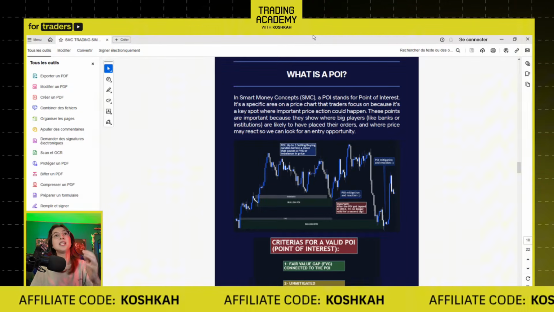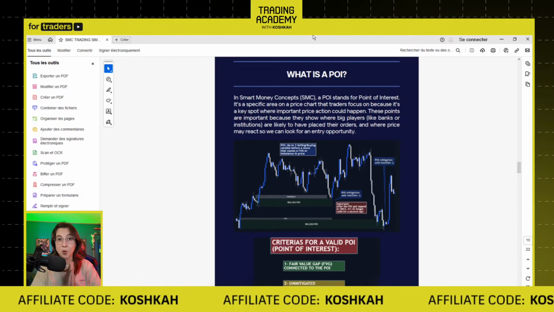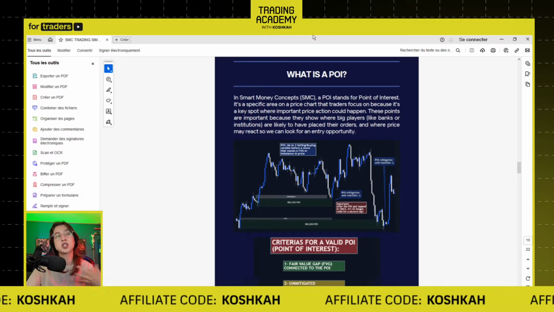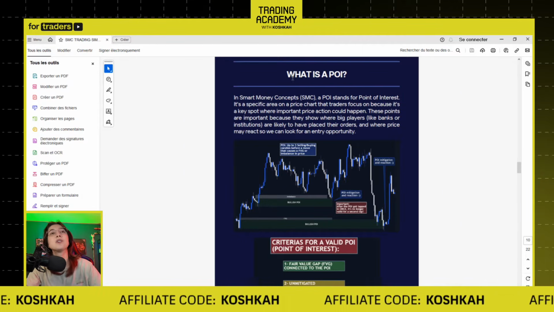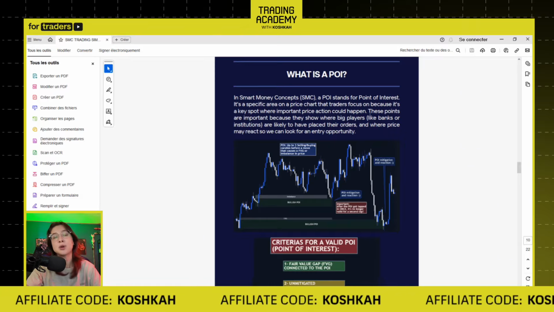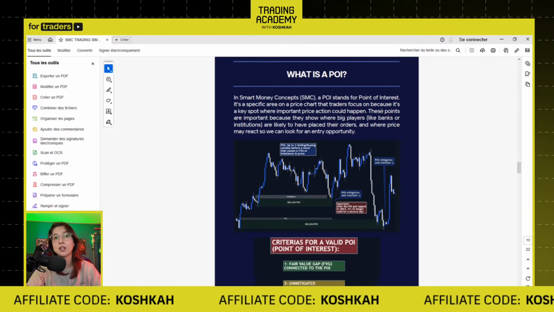Right here in front of me, I have this page that explains what a valid POI is according to my strategy. We can read it together to have a basic understanding. First, what is a POI? In smart money concepts, or SMC trading, a POI stands for point of interest.